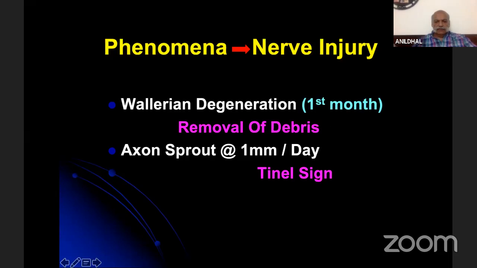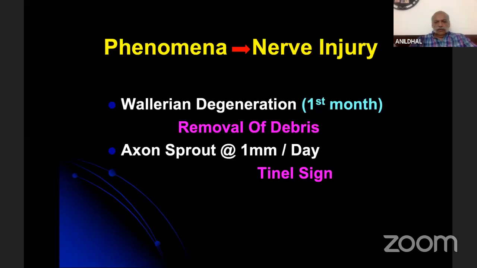And thereafter, if there is a lesion in continuity or a repair has been done, an epineural repair has been performed, the axonal sprouting will occur at the rate of 1 millimeter per day. And this is what is responsible for a sign known as the Tinel sign, which has the ability to monitor sensory recovery. It is monitoring only sensory recovery.